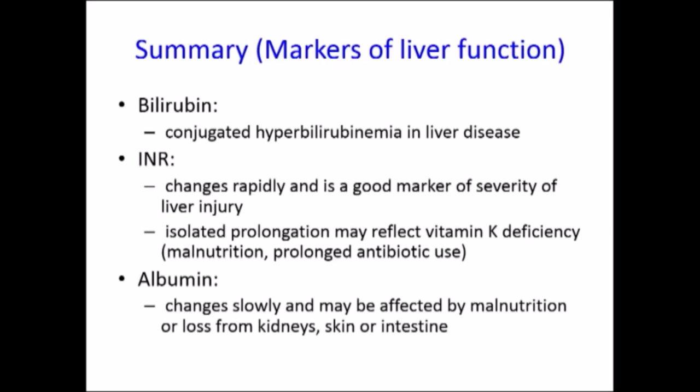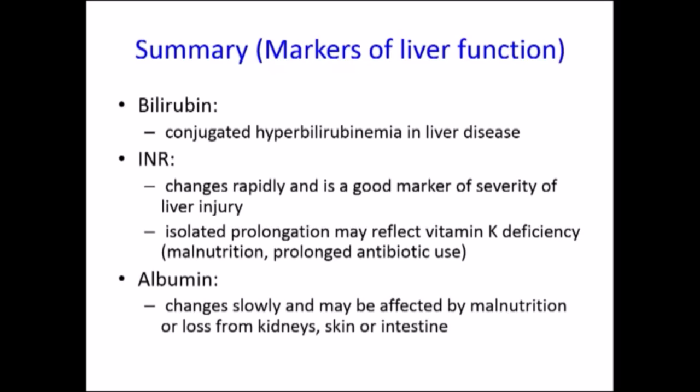INR changes very rapidly because factor 7 has a very short half-life and is a good marker of the severity of liver injury. Isolated prolongation may, of course, reflect vitamin K deficiency from malnutrition, because a lot of those factors are vitamin K-dependent factors. And a common reason to have a prolonged INR without having liver disease is prolonged antibiotic use, which has wiped out the gut flora.